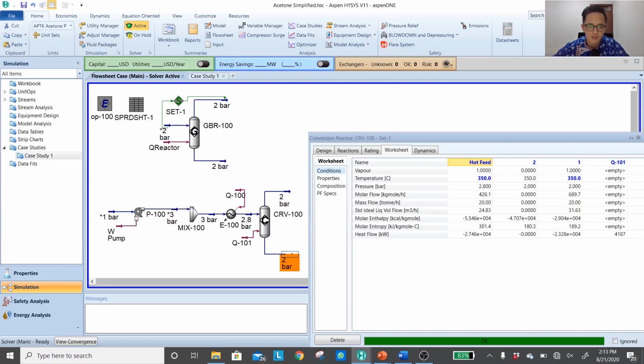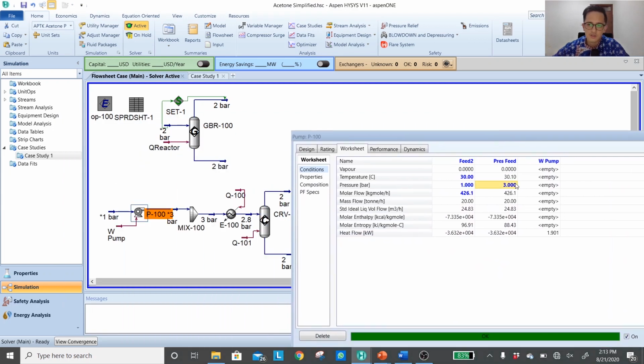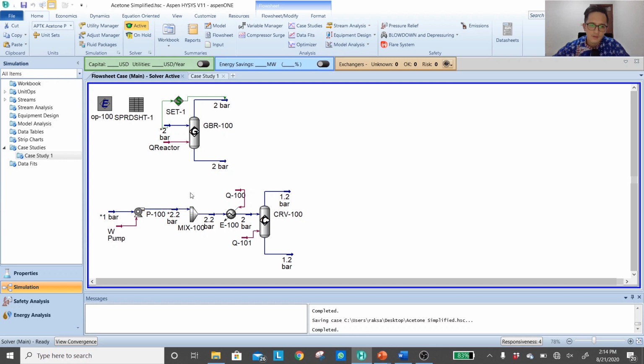that's also very doable. So you can go back to the pump. Let's say you want to revise the number: instead of 3 bar, let's just now make the number 2.2 bar, so that now your heater will still lose another 0.2 bar, so it's sent to the reactor at 2 bar, identical with our case study.